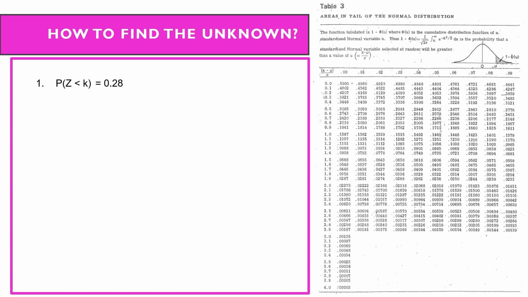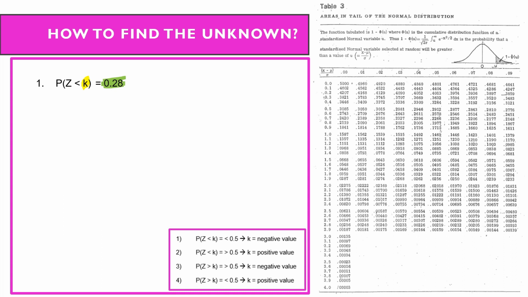Now, given the probability value 0.28, the unknown is denoted by k. How to find the unknown? You must remember this guideline. First, if z less than k and the probability value is less than 0.5, the unknown is a negative value.